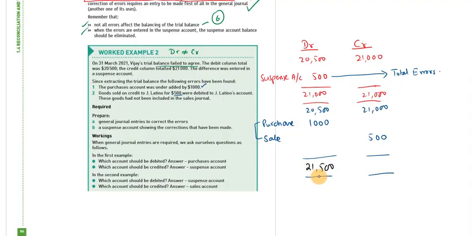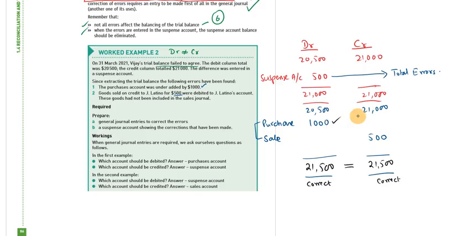So this is the correct debit balance. And here on the credit side, 21,000 plus 500 is 21,500. So this is the correct credit. And at last the debit is equal to credit.